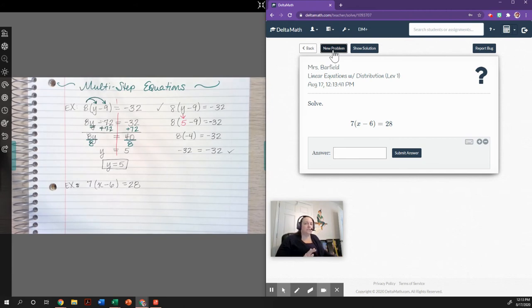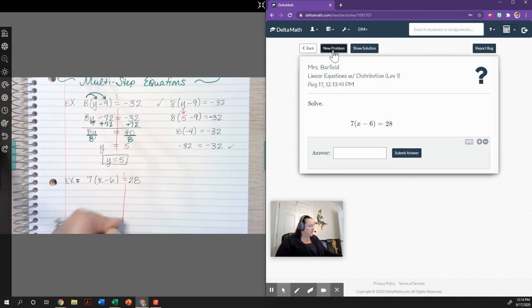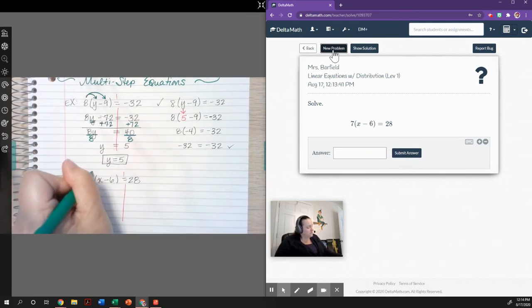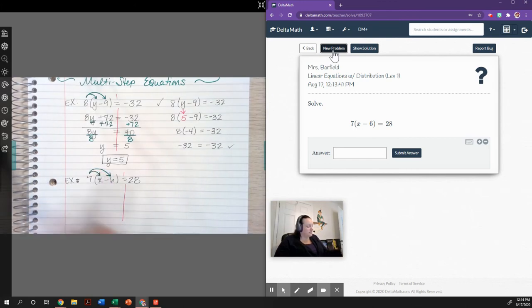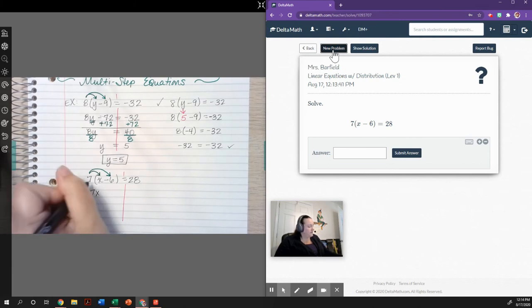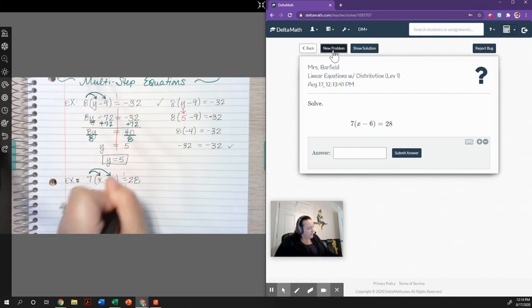Okay, so just like we did the last problem, I need to distribute. I can't do anything else. So 7 times everything in the parentheses. 7 times x is 7x. 7 times negative 6 is negative 42 equals 28.